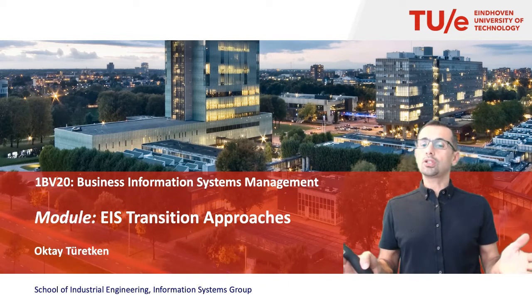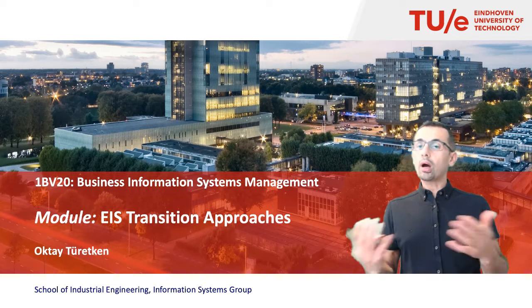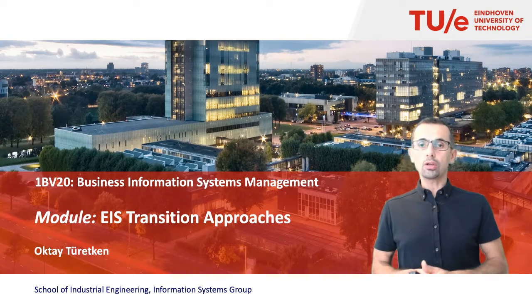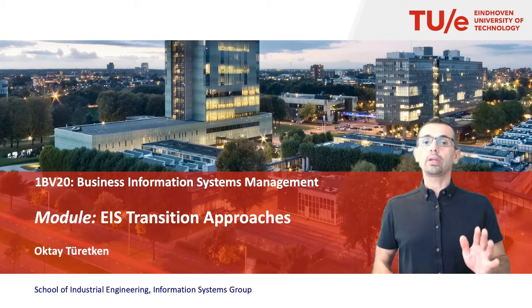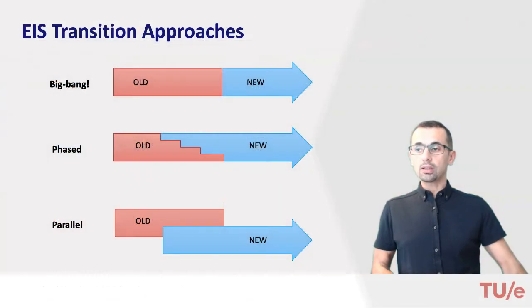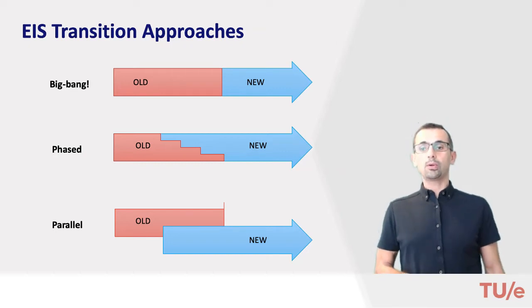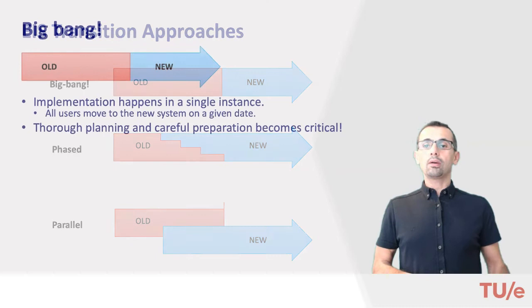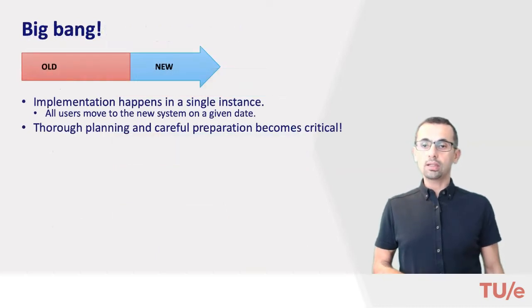And for this transition process, you can follow one or a combination of the following three approaches. These are Big Bang, phased, and parallel approaches. Now let's see some details.